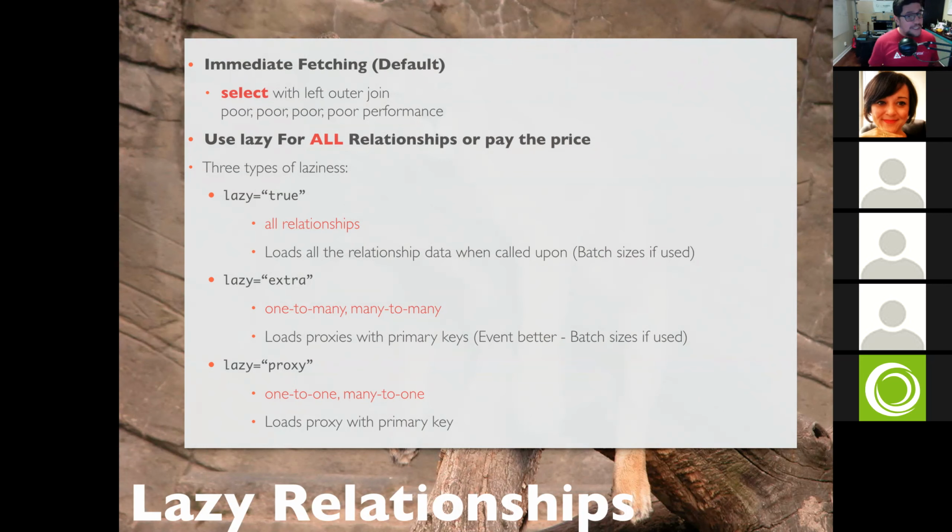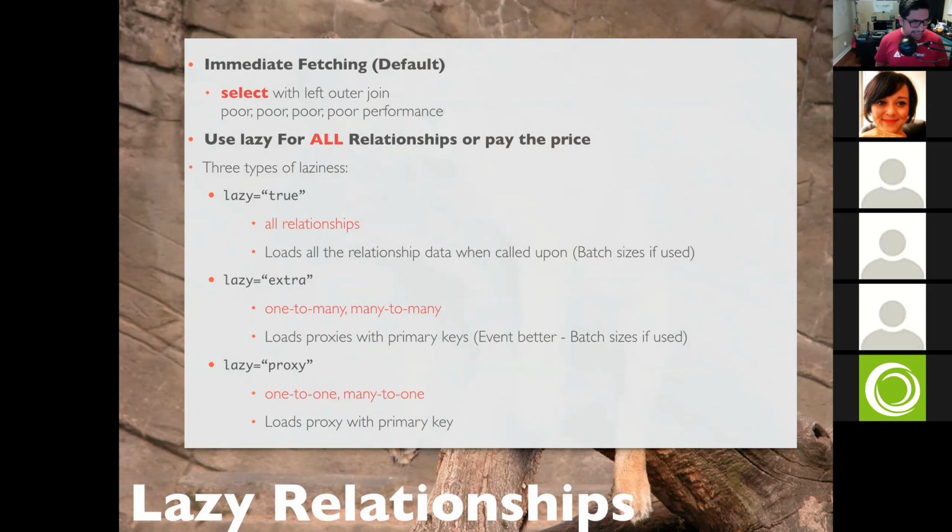And there's also this feature in Hibernate that some people might not know, that there are batches. So that means that those relationships can be batched in different bulks. So it doesn't have to be loading every single relationship in one time. Okay? There's also an extra step that's called lazy extra that only applies to one-to-many or many-to-many. It will actually create all the objects that are related to that entity, but it will create proxy objects.